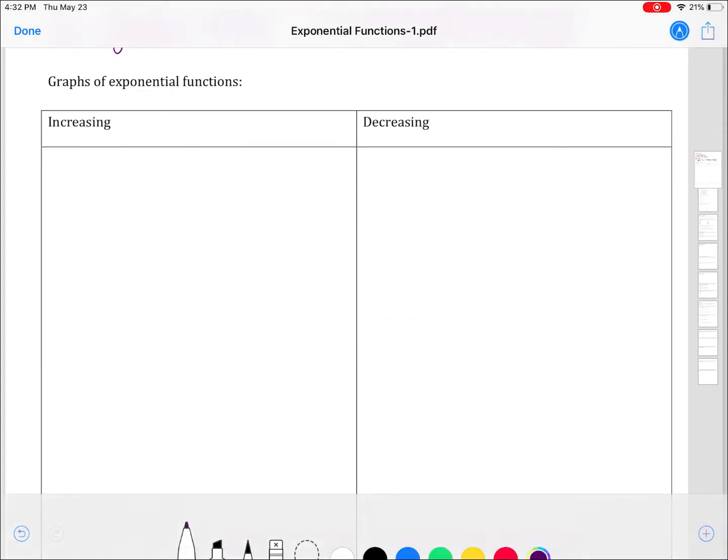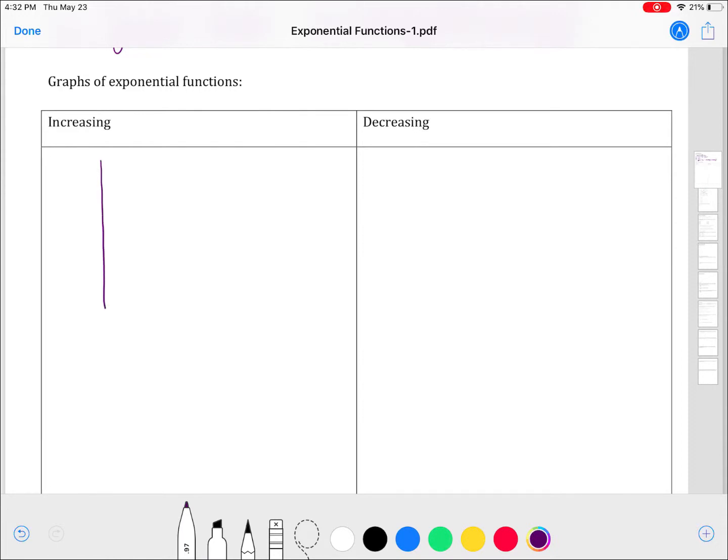So let's go through to see what these graphs look like. If your exponential function is increasing, then it's going to go up, left to right. And when it goes up left to right, your growth factor is going to be greater than 1.